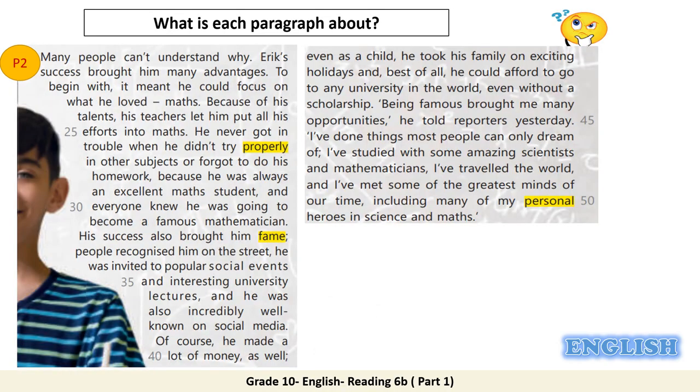Let's move on to paragraph 2. Pause, read through it to figure out what it is talking about. And the answer is, the advantages of Eric's success. Well done, everyone.